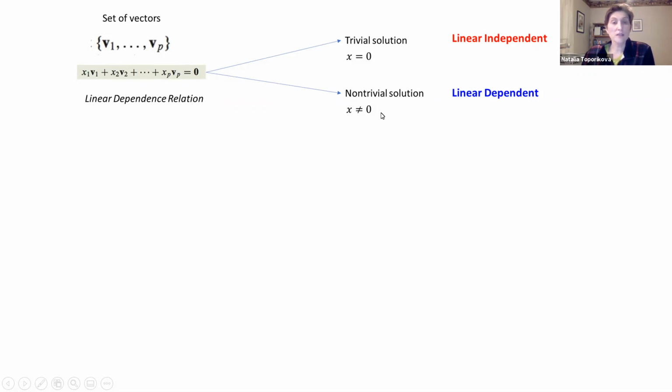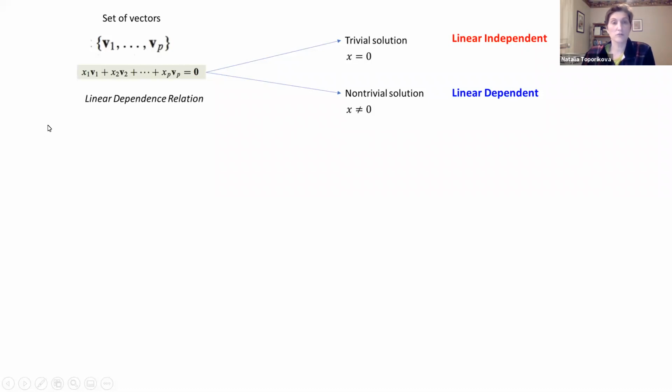Or at least one of the x's would be non-zero, which is a non-trivial solution, and our vectors are linearly dependent. So how can we use this definition to visually or graphically distinguish between the vectors?